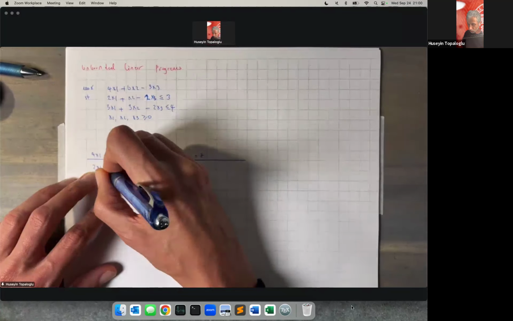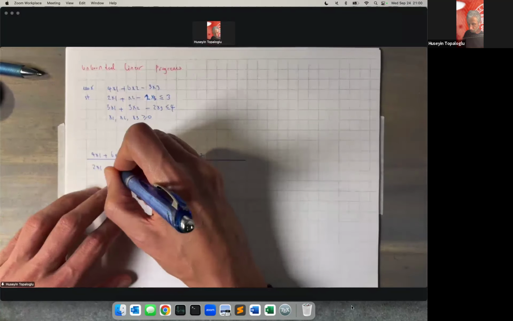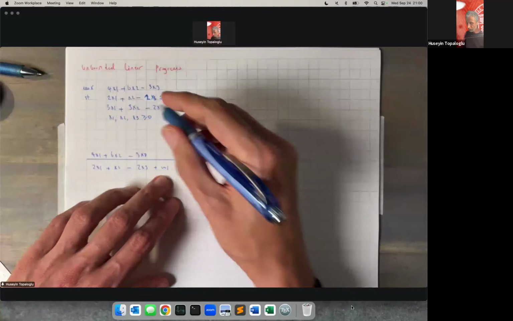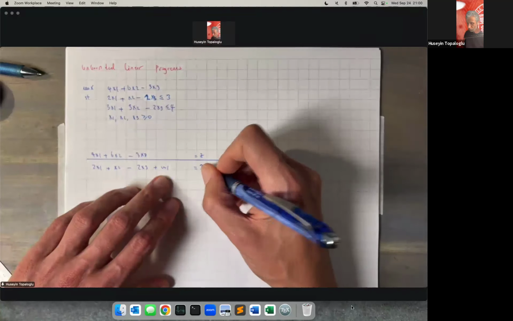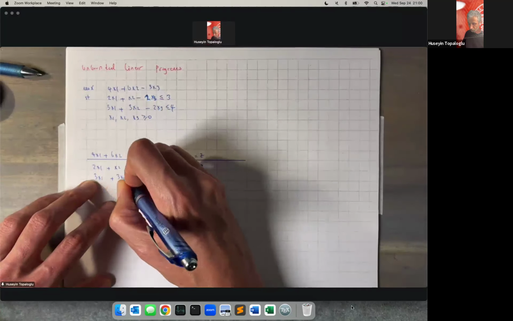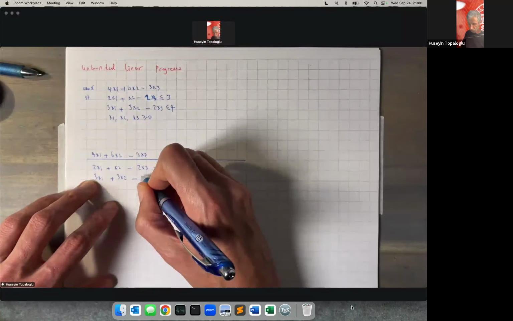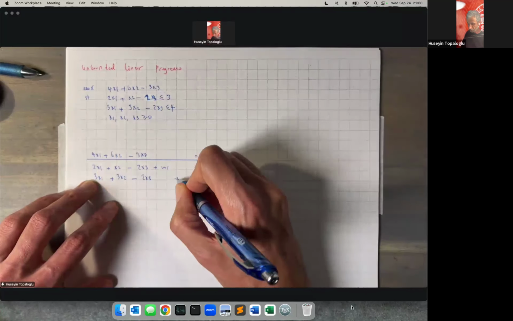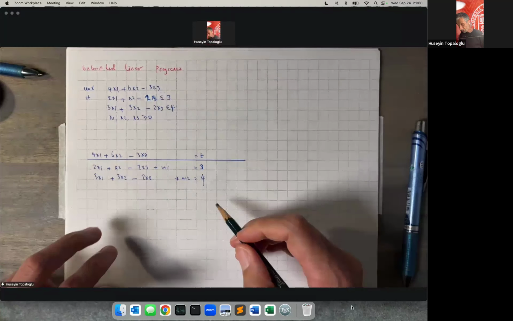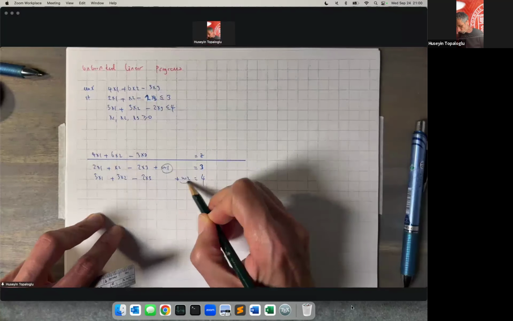And then the first constraint row, 2x1 plus x2 minus 2x3 plus the first slack variable w1 equals 3. And the second constraint, 3x1 plus 3x2 minus 2x3 plus the slack for the second constraint, w2, is equal to 4.